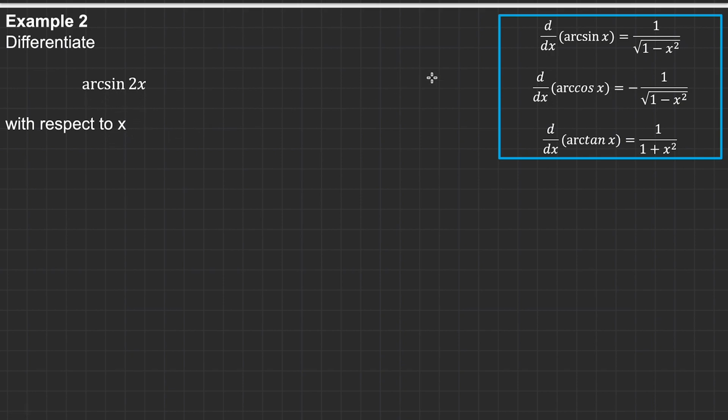Okay, so in example 2, we've been asked to differentiate the arc sine of 2x with respect to x, but we can use this derivative here. And we also need to remember the chain rule. So if we say that x maps onto 2x, all we need to do is substitute this 2x into here. So d by dx will give us 1 over the square root of 1 minus 2x squared.